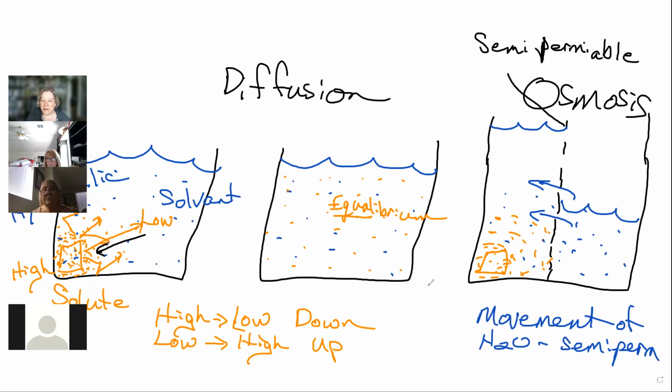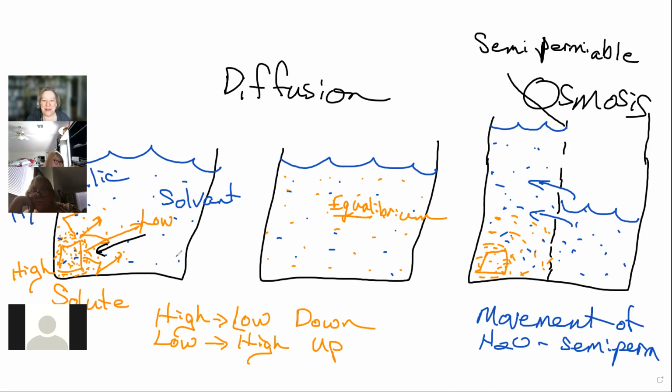Sugar's over here, they have music, they've got dancing, and water is over here going, I can binge watch this show later. I'm going to go over and knock on the door and say, hey, can I join the party? So the water comes over here to where the party is. Does that help?